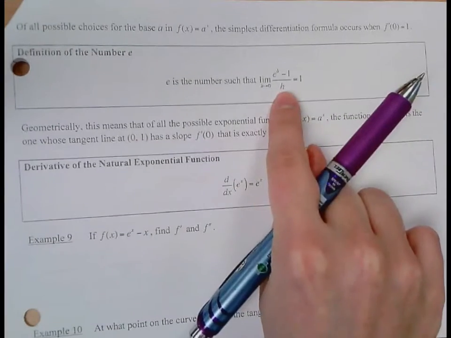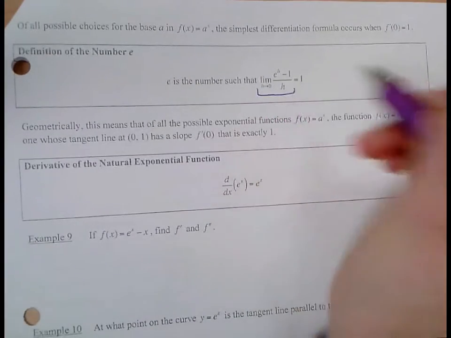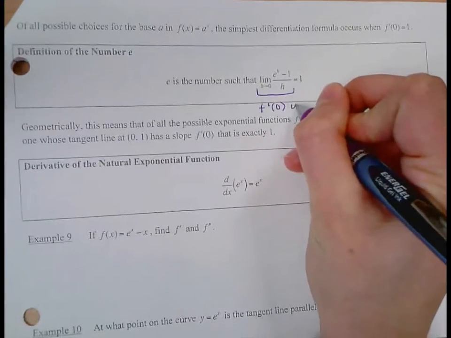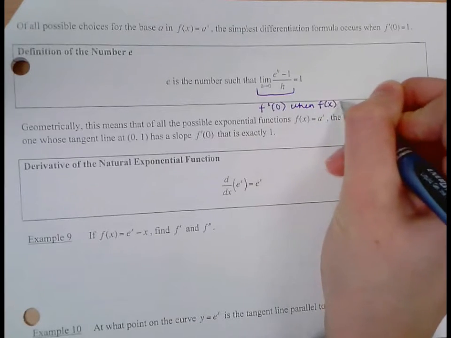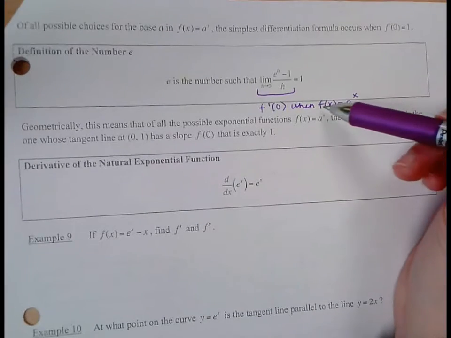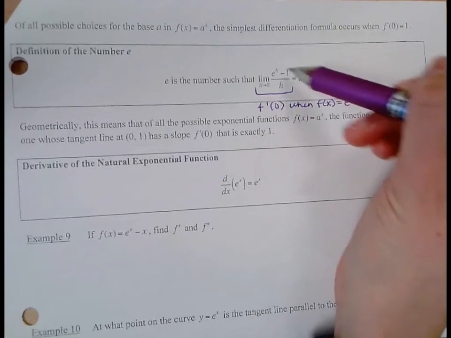Hopefully you recognize by the formula we just wrote on the other side, this limit represents f prime of 0 when f of x is the function e to the x. So that's the limit we were just talking about as being f prime of 0, but specifically when the base is e. So this is saying if f of x is e to the x, the derivative at 0 is 1.